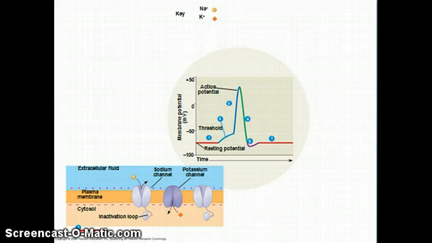So here is a diagram showing an action potential graph, and this is something you need to be familiar with. So really quickly, I'll try and squeeze this in here. Study this in your book, but you can see there are 1, 2, 3, 4, 5, 6 parts of our action potential depicted in this graph.